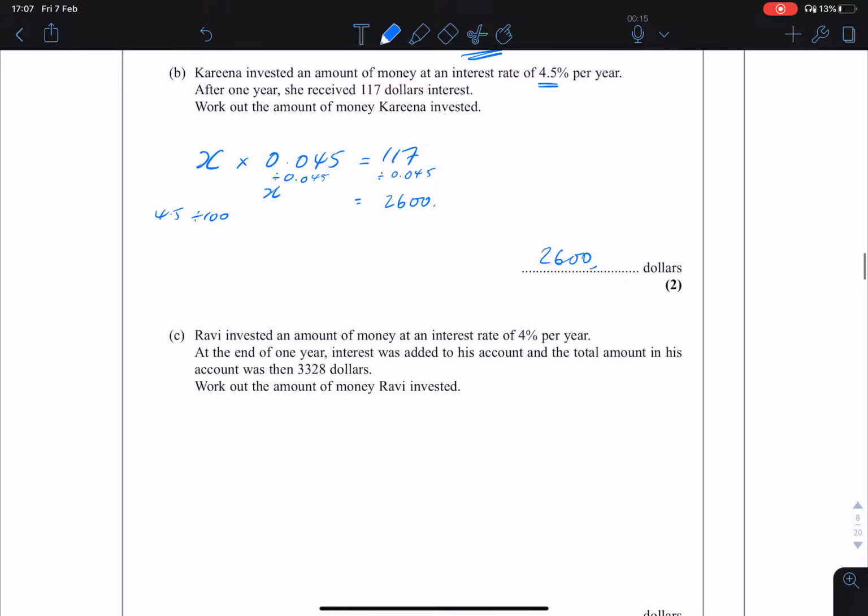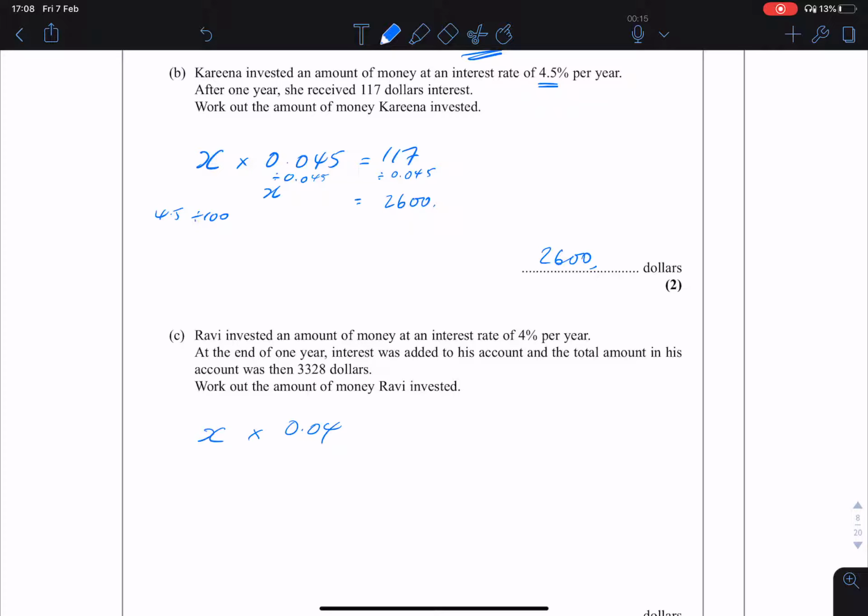Ravi invested an amount of money at an interest rate of 4% per year. At the end of 1 year, interest was added to his account. Right, so he's going to have his original amount, X, times 0.04.